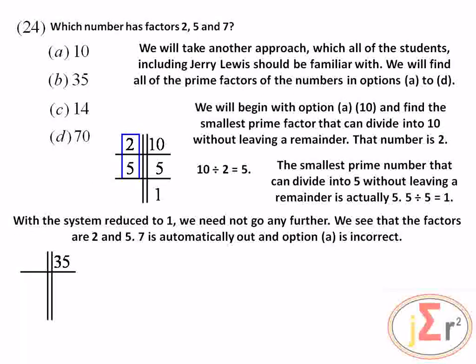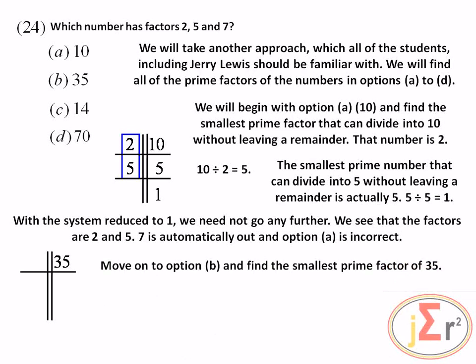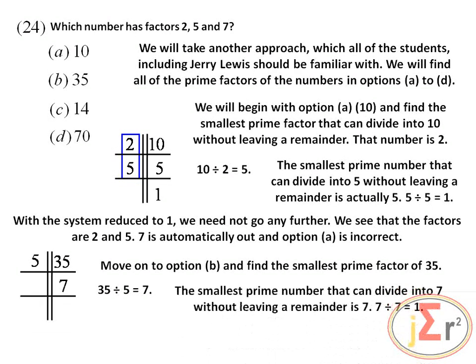So we move to option B with 35. We find the smallest prime number that can go into 35 without leaving a remainder, and that is 5. 5 into 35, 7. And we find the smallest prime number that can go into 7 without leaving a remainder, and that is 7.